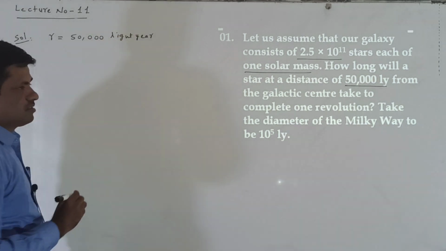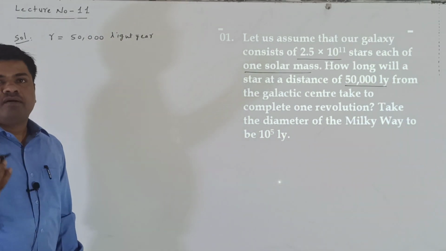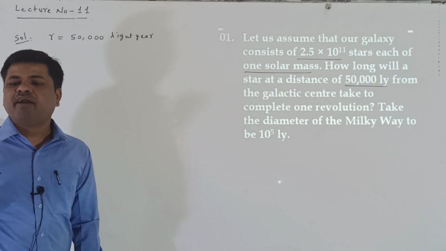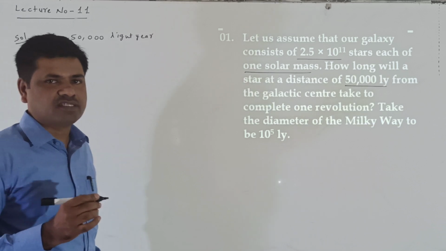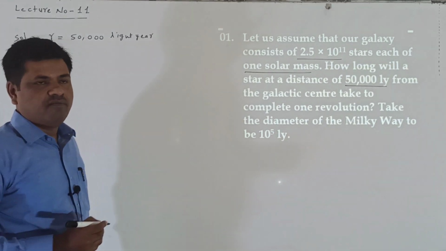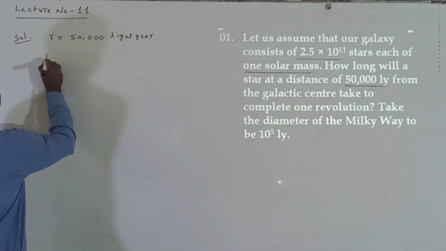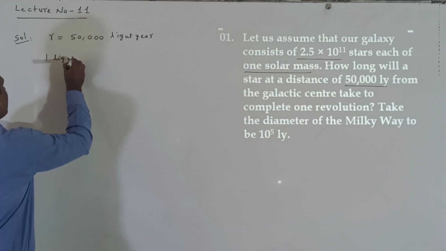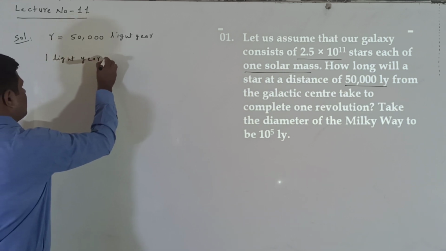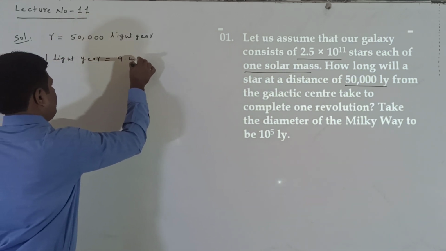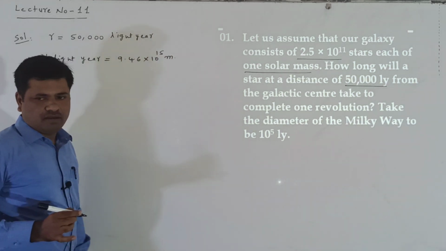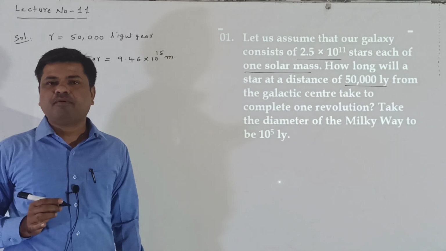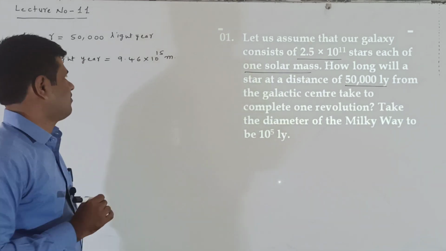That is the given distance. But 1 light year is equal to 9.46 into 10 power of 15 meters. We already know that; we studied it in the first chapter. 1 light year is equal to 9.46 into 10 power of 15 meters. This is the value of 1 light year.